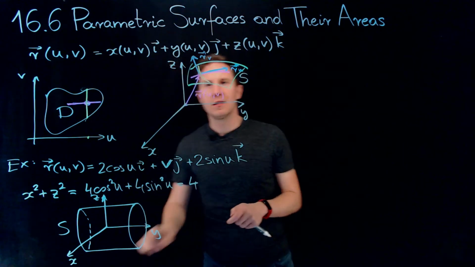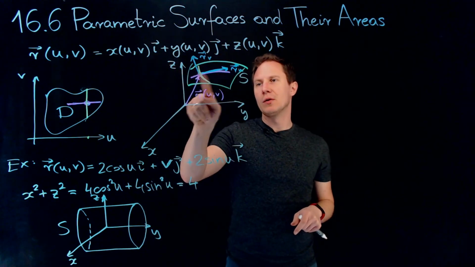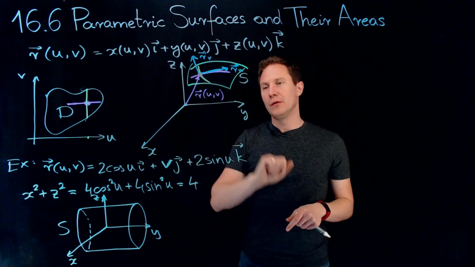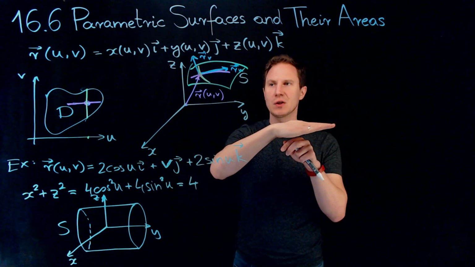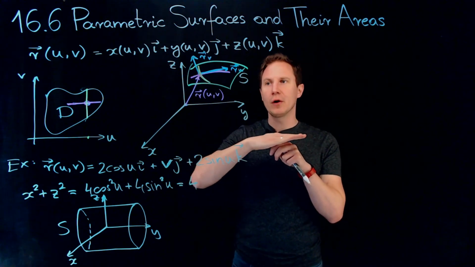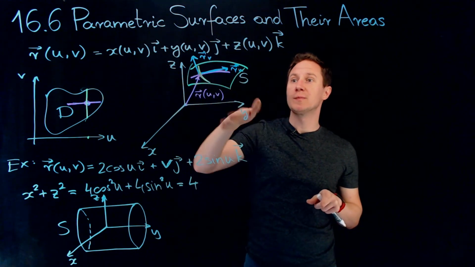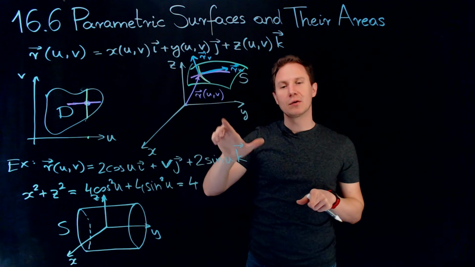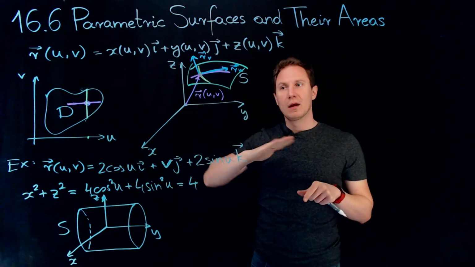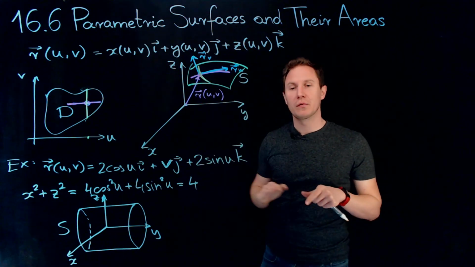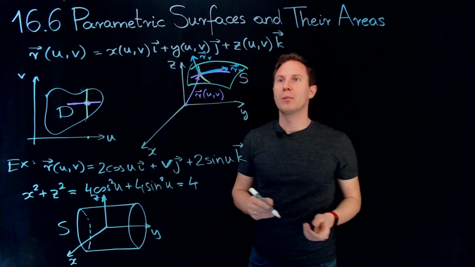So you have those curves on the surface. As you draw the tangent vectors to those curves, by differentiating r(u, v) with respect to u and v, you get two vectors which span the tangent plane to the surface at that particular point.